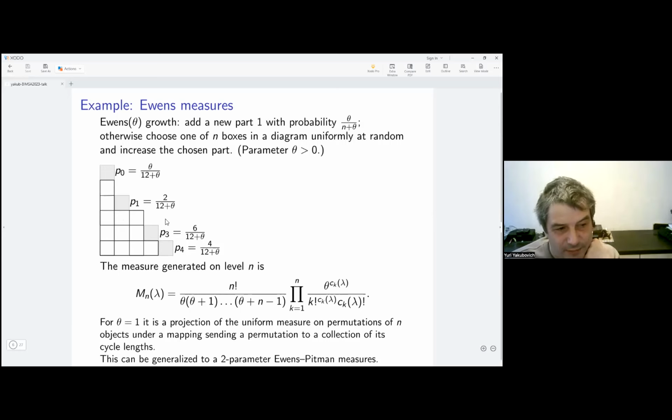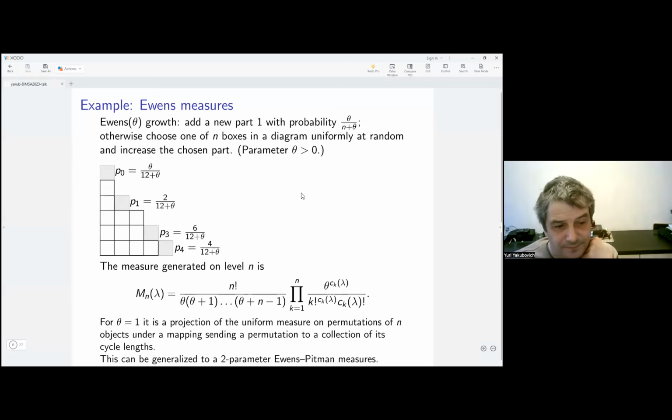And it means that the probability of increasing this box will be 6, and here I wrote the non-conditional probability, so it's the total probability that we didn't add this but add this. So conditional probability will be just 1/2 to add this, but total probability will be 6/12 plus theta.